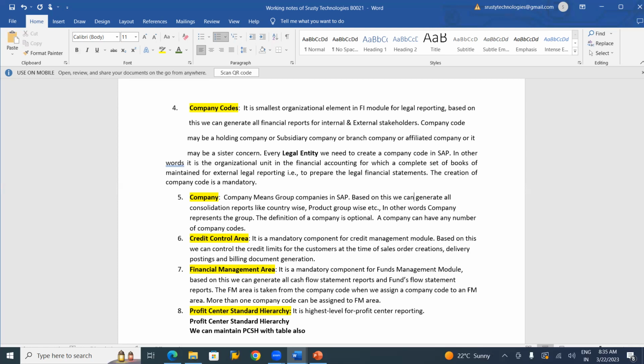Full stop. The definition of a company is optional. Full stop. A company can have any number of company codes.